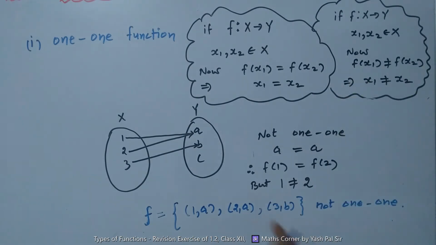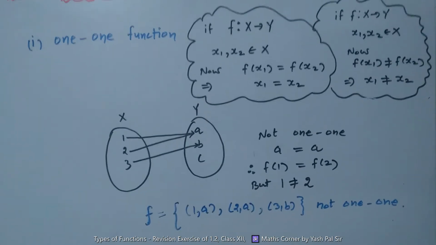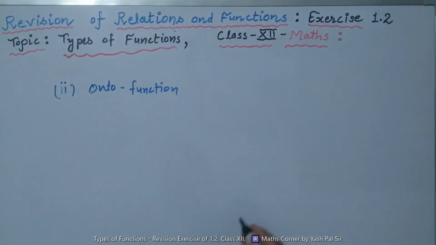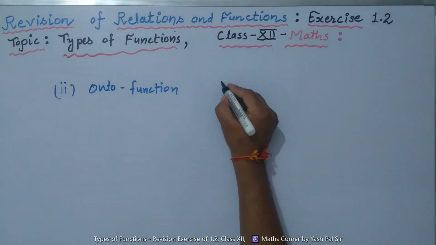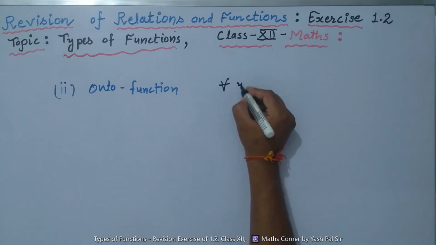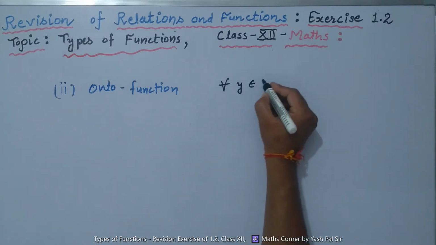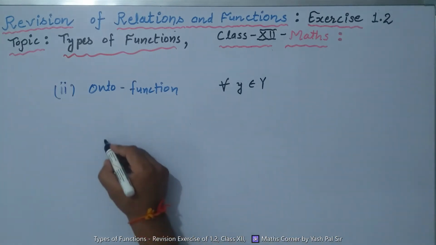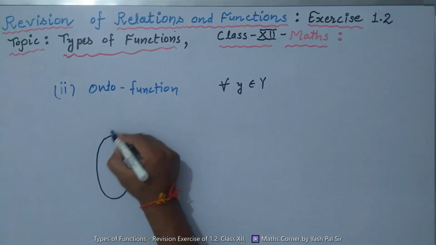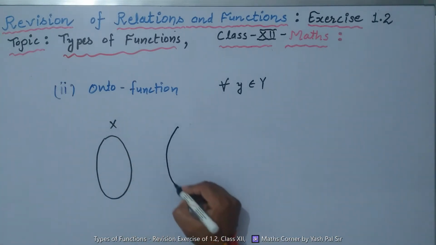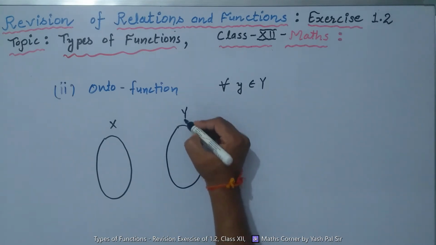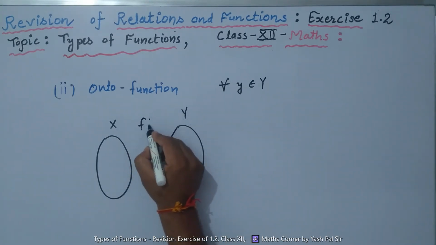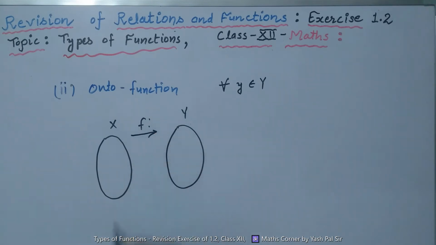Now we shall discuss onto functions. For onto function, this is set x and this is set y, and f is a function from x to y.